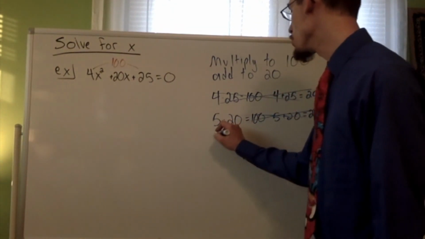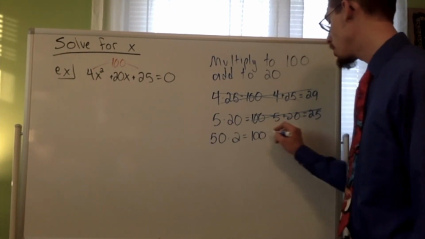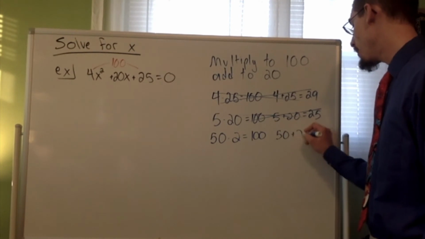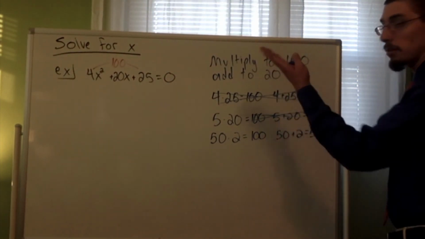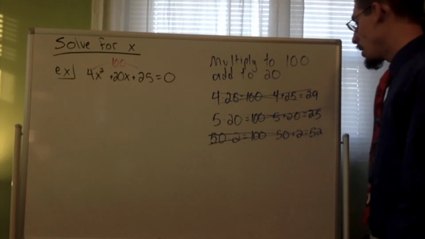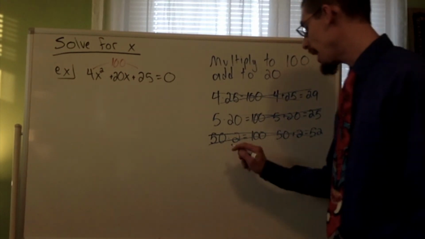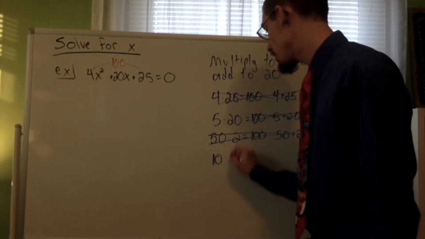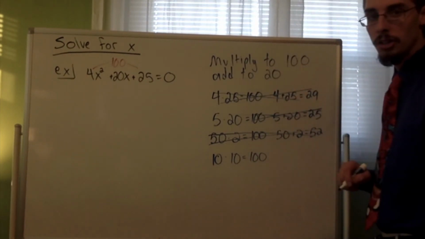I could do 50 times 2, that would be 100, but 50 plus 2 equals 52, not 20, right? Well, there's another way I can multiply to 100, and that would be 10 times 10. 10 times 10 equals 100.